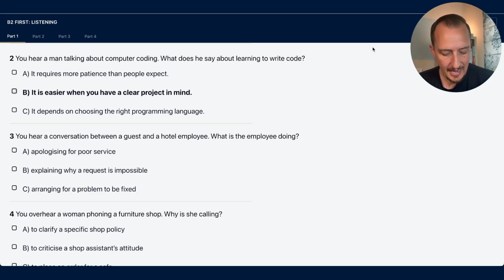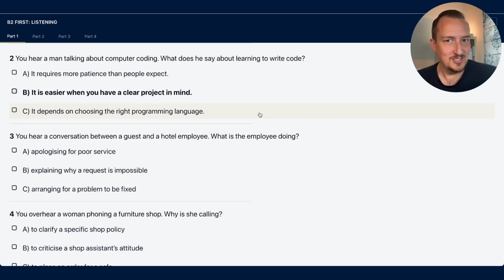So for C, why this is wrong. He mentions this at the beginning, but he doesn't say that it depends on choosing the right program, because he says, "as if choosing the perfect one would solve everything." So he's sort of saying the opposite here. It doesn't matter. I'm going to choose the perfect one and then suddenly that's going to solve everything.